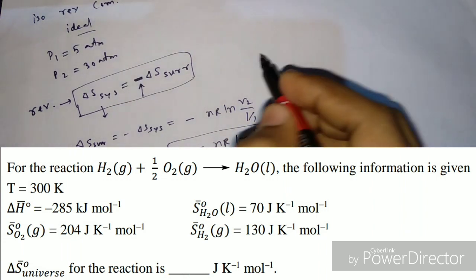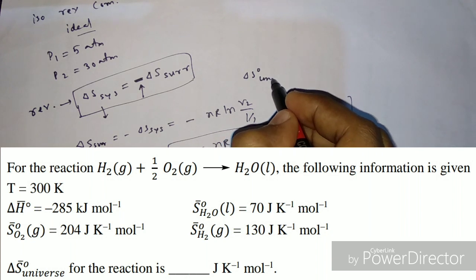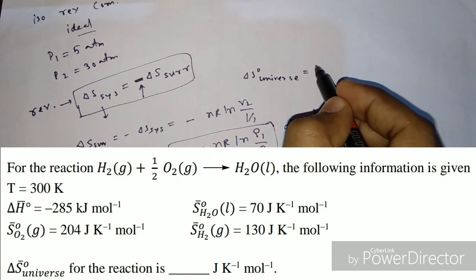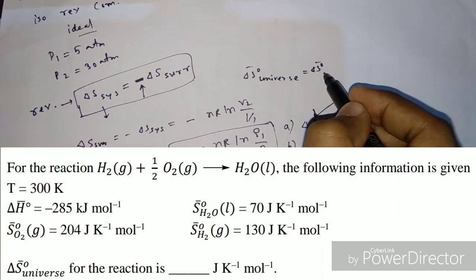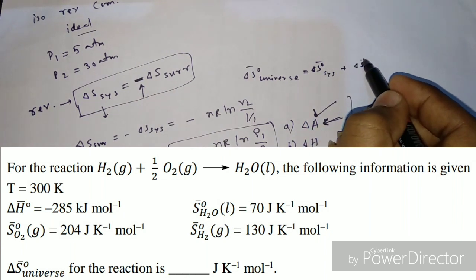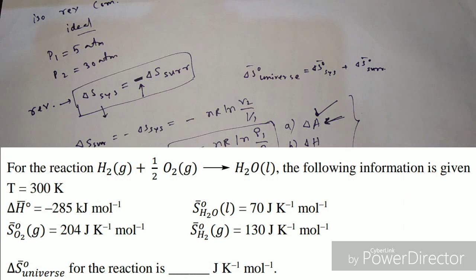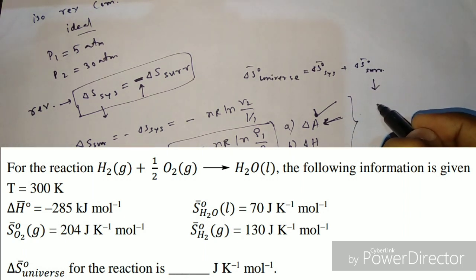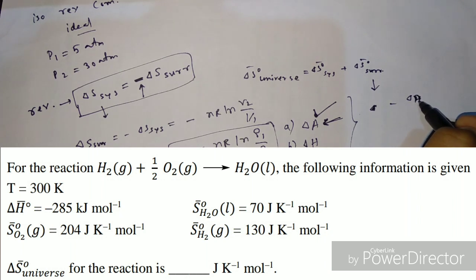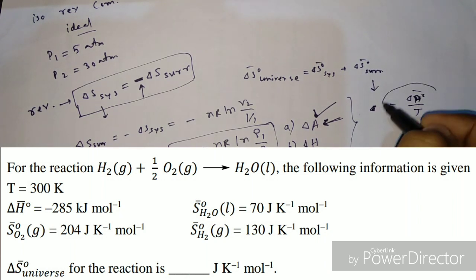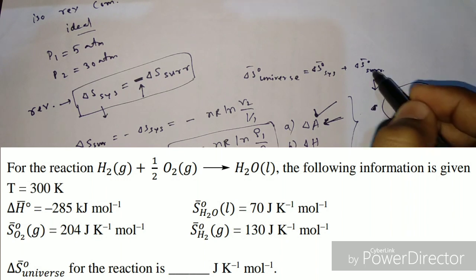You need to calculate delta S universe, that is delta S system plus delta S surrounding. Delta S surrounding has the formula minus delta H by T. So put the value of delta H and temperature, and you will get delta S surrounding.